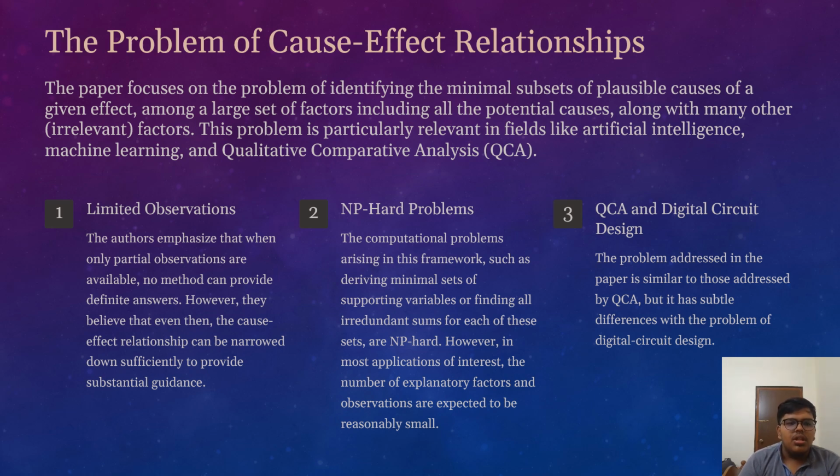Limited observation. The author emphasizes that when only partial observations are available, no method can provide definite answers. However, they believe that even then the cause-effect relationship can be narrowed down sufficiently to provide useful guidance.